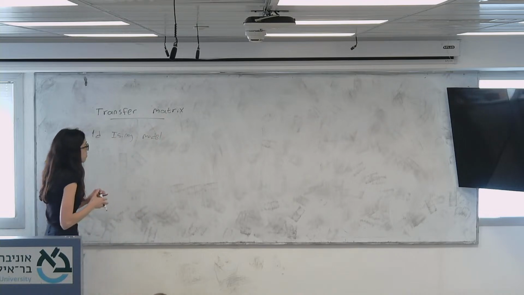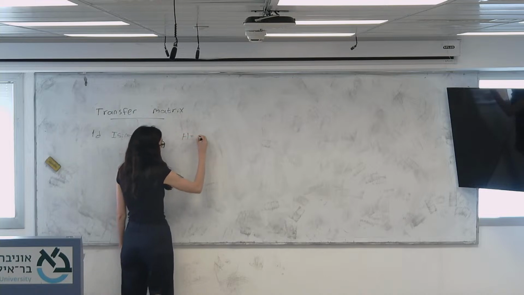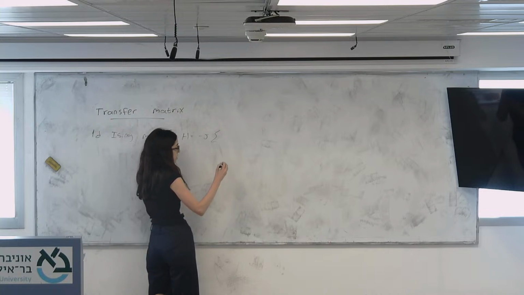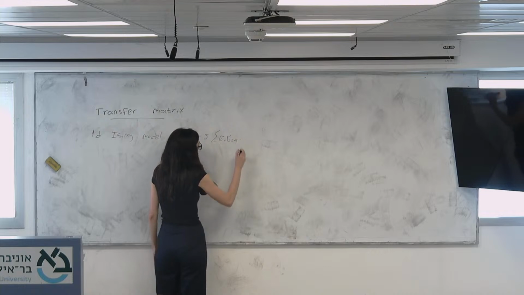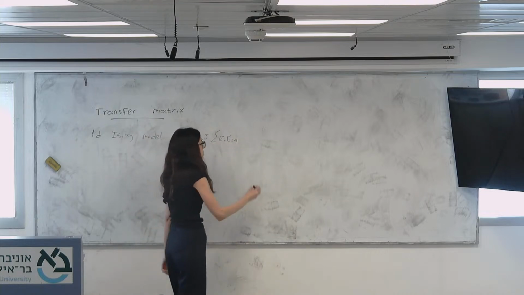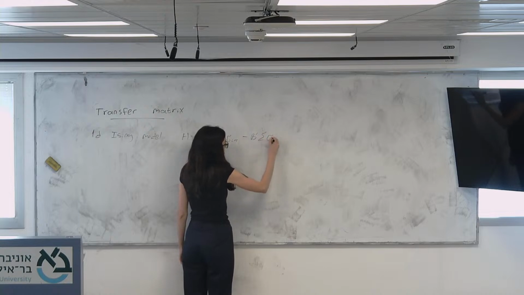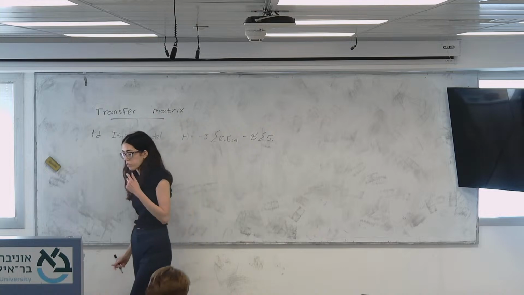So for the 1D Ising model, we have the Hamiltonian with one coupling interaction between sigma i and sigma i plus 1, and some, let's call it B, and another term that derives from the magnetic field interaction.